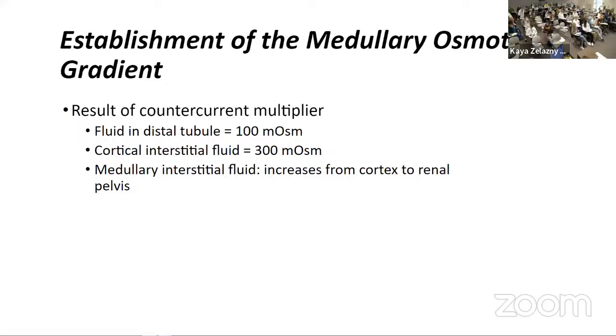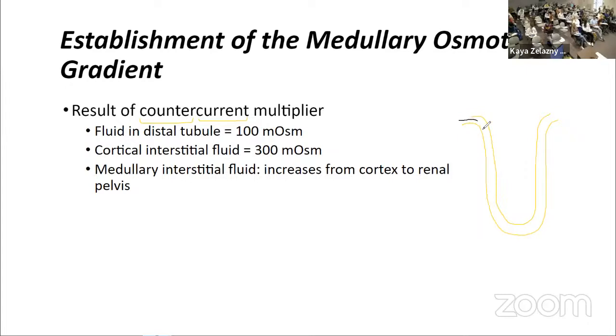So countercurrent, counter meaning opposite, current meaning a flow. So the countercurrent multiplier is referring to the fact that in the loop of Henle, or the nephron loop, so this sort of turn that I've been drawing out kind of sketchily, okay, we have fluid flowing in a specific order, right? It flows down into the medulla, and then it flows back up and out, back towards the cortex before eventually diving down again.